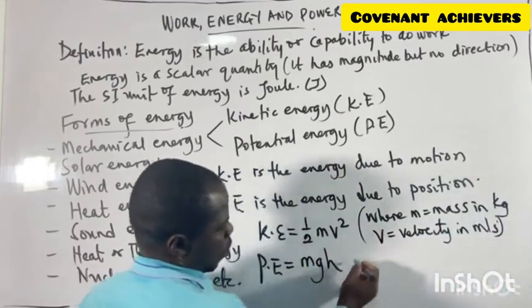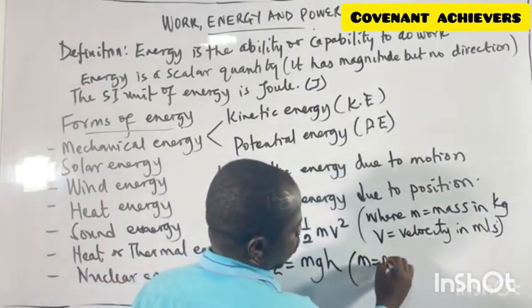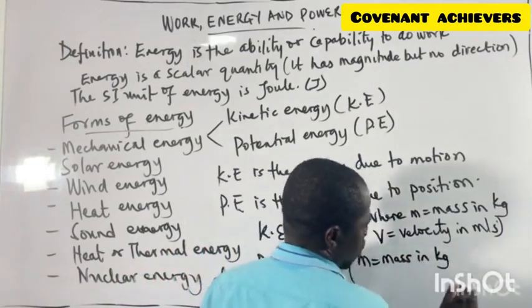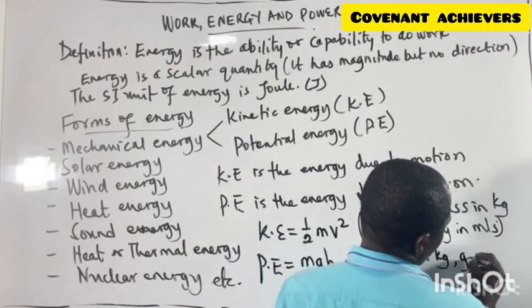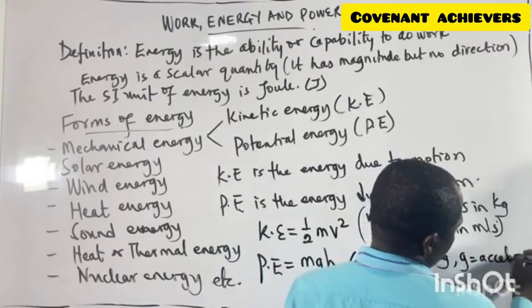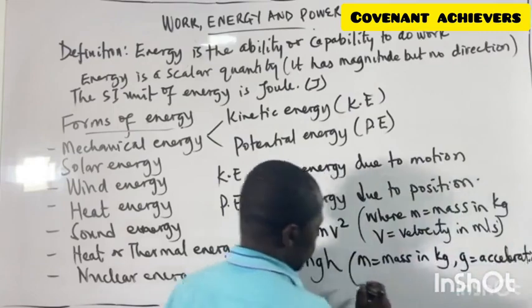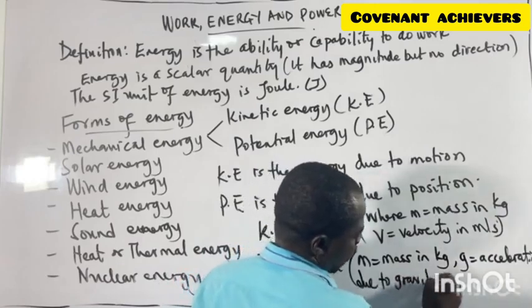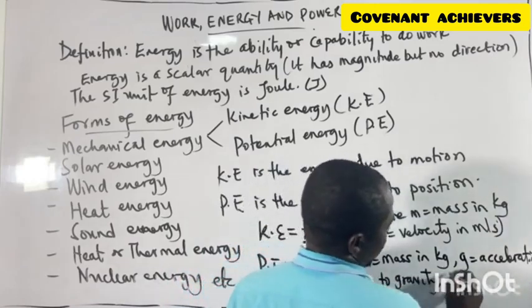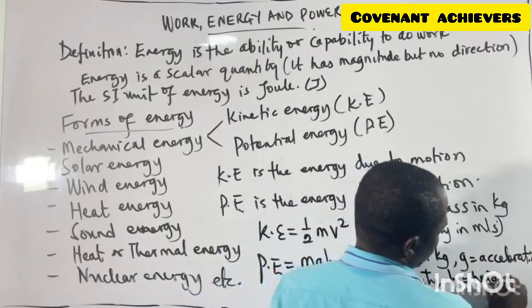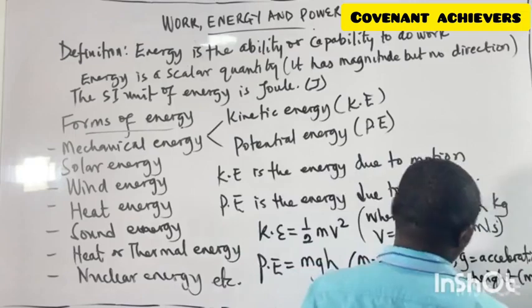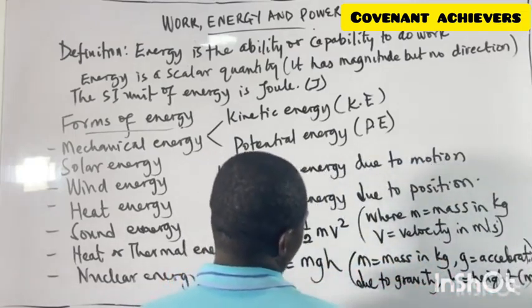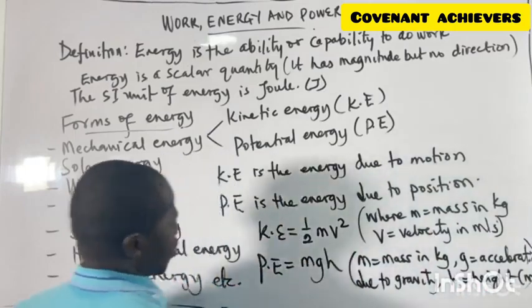The same thing here, m equals mass in kilogram, g equals acceleration due to gravity, and h is equal to the height in meters.